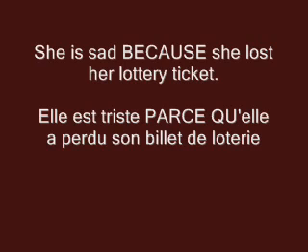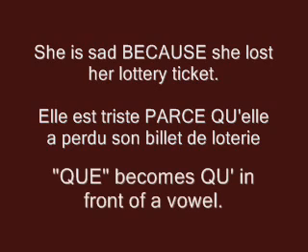Let's try to make some sentences with parce que. We'll take the same question, why is she sad? And let's say that she's sad because she lost her lottery ticket. Let's translate this into French. She is sad is elle est triste. Now, because she lost her lottery ticket will be parce qu'elle a perdu son billet de loterie.